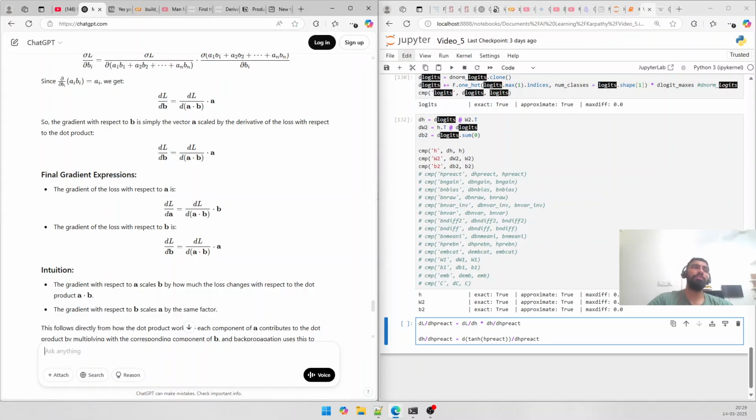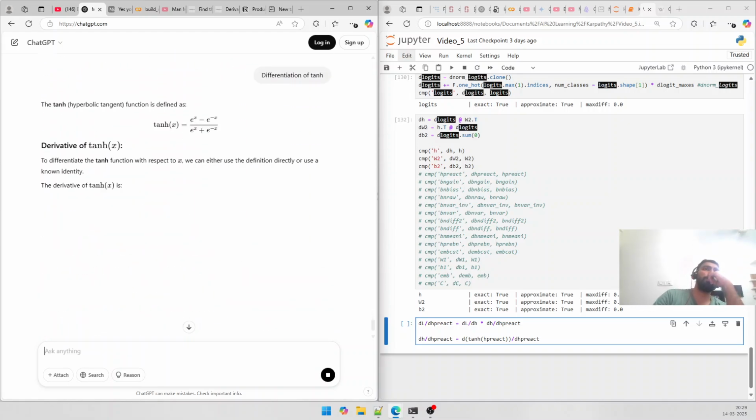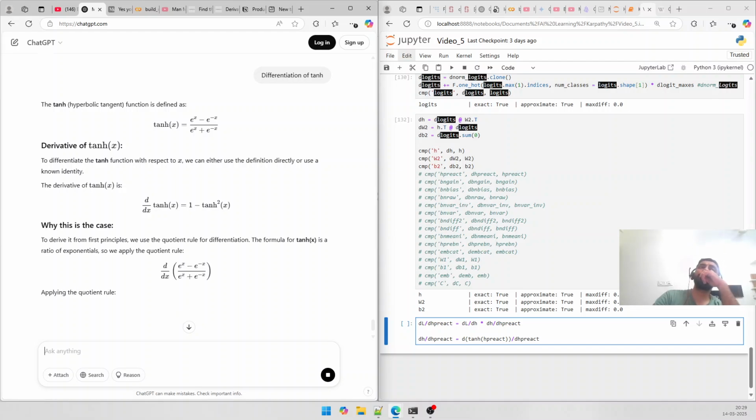The differentiation of tan h is 1 minus tan square h.